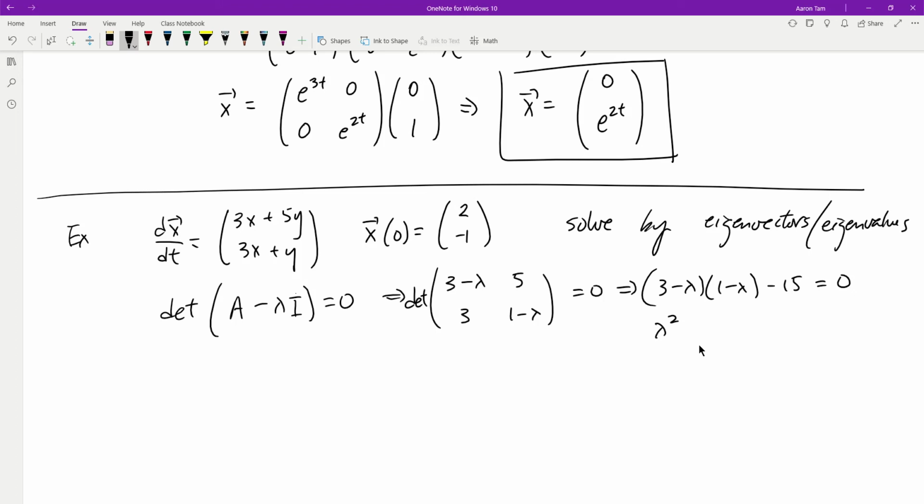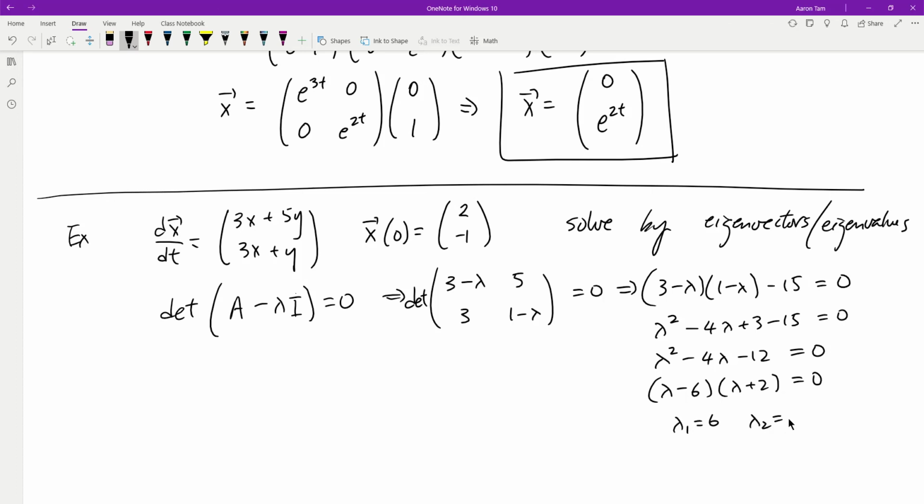So it's lambda squared, minus 4 lambda, plus 3 minus 15 equal to 0. That's lambda squared minus 4 lambda minus 12 equal to 0. So that's lambda minus 6 and lambda plus 2 equal to 0. Therefore we have lambda 1 equal to 6 and lambda 2 equal to negative 2.